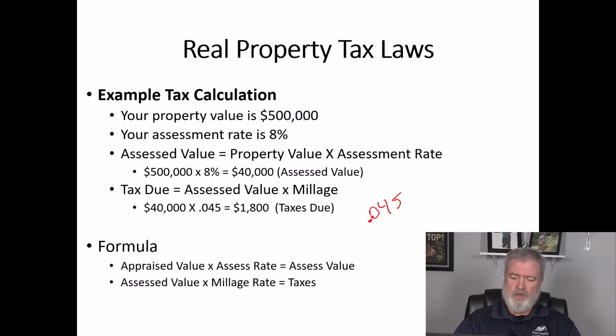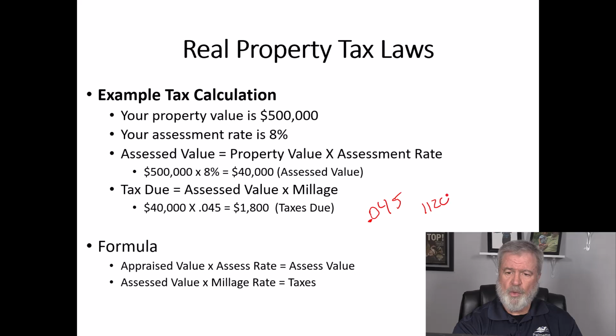make it 0.045, okay? Now, what if you had, say, 1,120 mills? Again, you would move the decimal 3 places, make it 1.120.